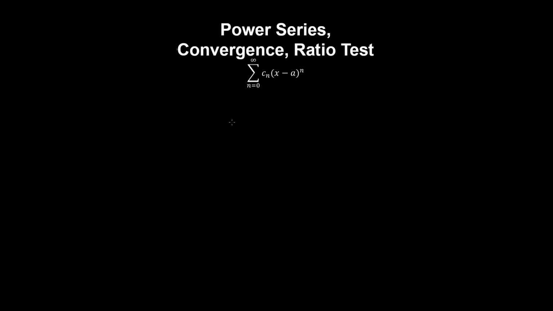To determine the radius of convergence for a power series, we use the ratio test. So we take the limit as n approaches infinity of the absolute value of the next term in the series to the current term in the series. And we take the absolute value because this expression can be negative.